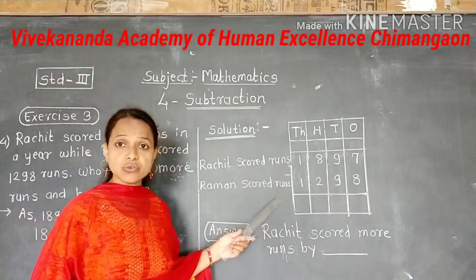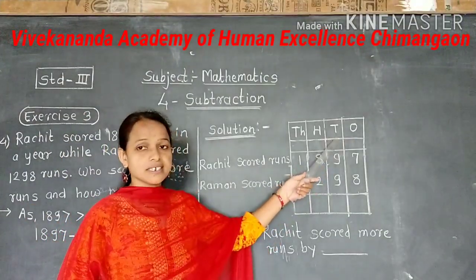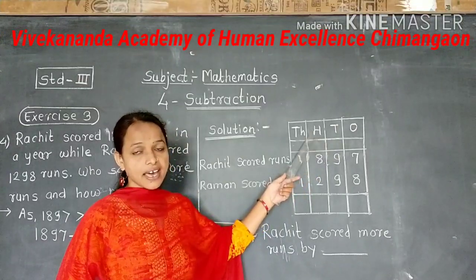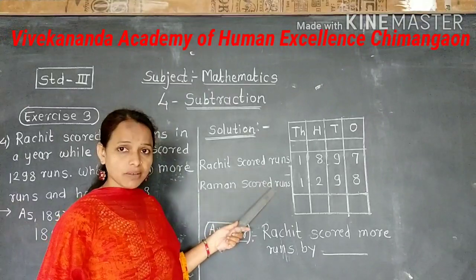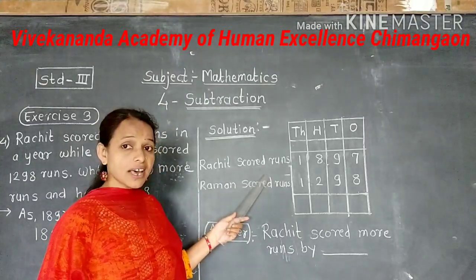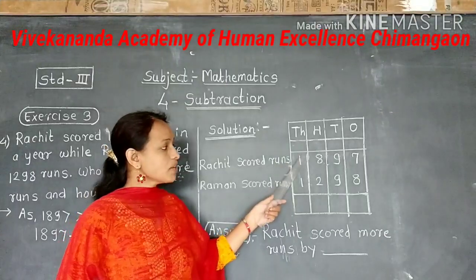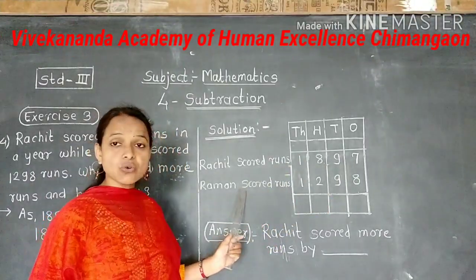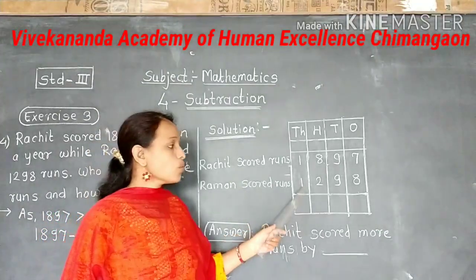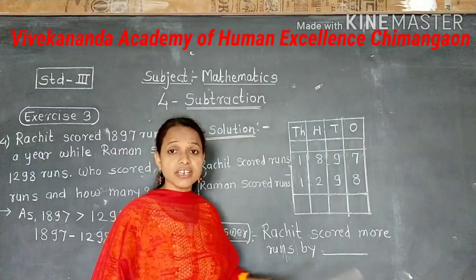Here for solution we make 4 columns: ones, tens, 100 and 1000. Next we have to write here what is given. What has been given to us? Rachit scored runs. How many? 1897. And Raman scored runs. How many? 1298. And what you have to find?